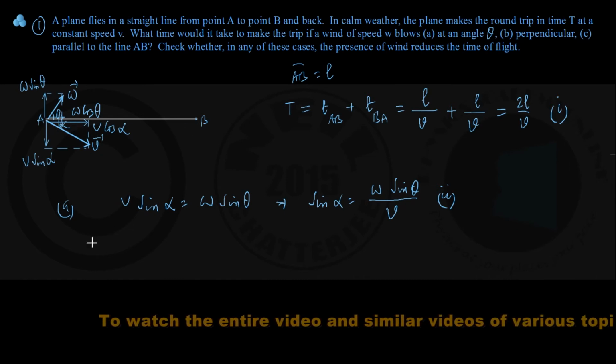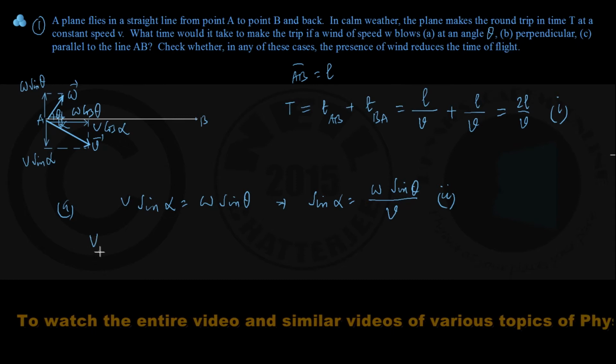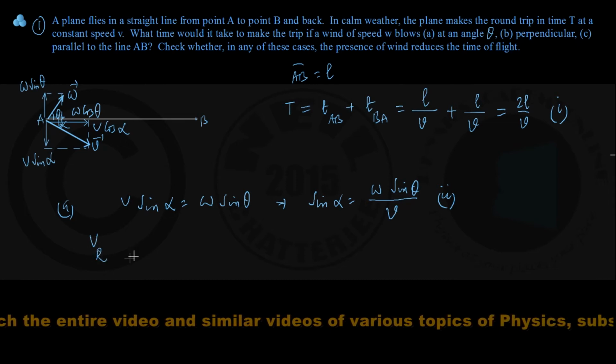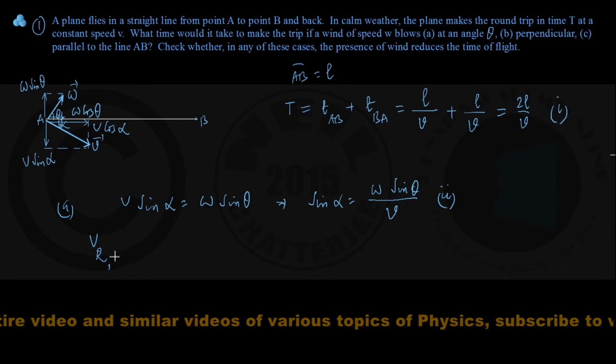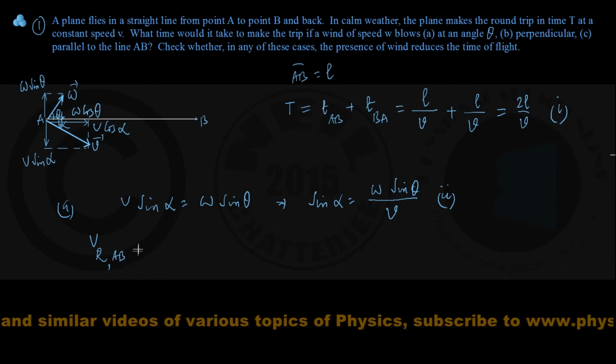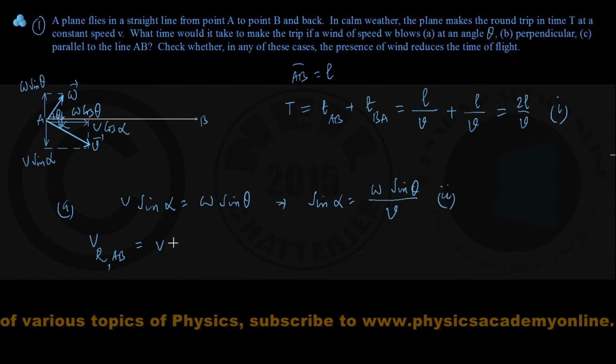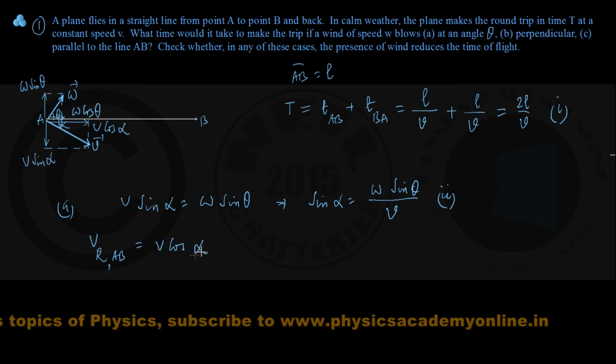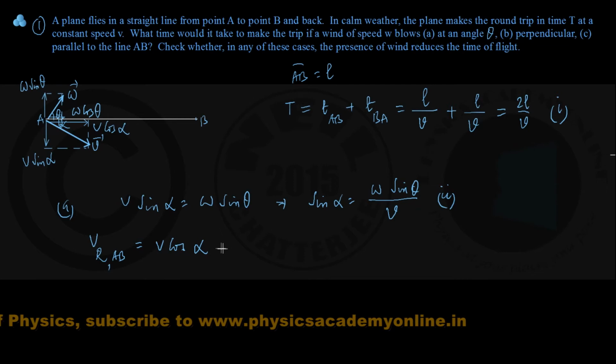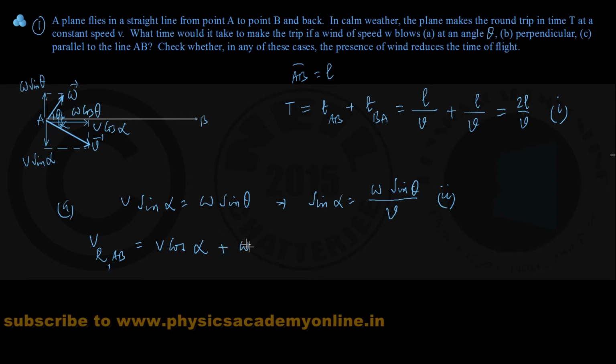I am calling this velocity the resultant velocity, R for resultant, along the path AB, VRAB, that is given by V cos alpha, the component of the plane's velocity, plus W cos theta, the component of wind velocity along the line AB.